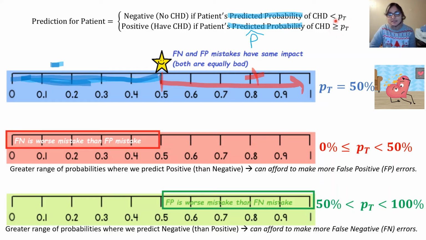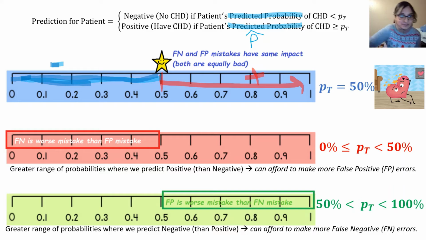Since we decrease this, it becomes much easier for us to predict positive. If this is lower, then we're going to be predicting positive even more often. So there's a greater range, everything else being the same. If we lower this threshold, we'll be predicting positive way more because we'll have a greater range of probabilities where we predict positive versus negative.